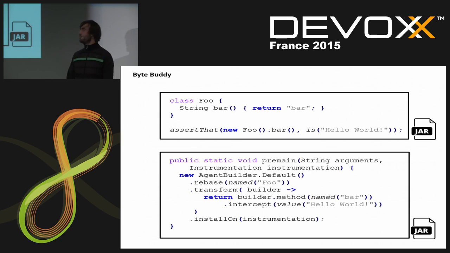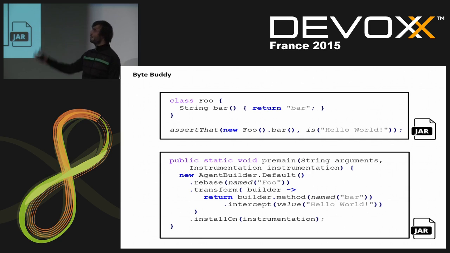Byte Buddy also takes care of the ugly parts for you by offering an agent builder. So far, everything I've seen, even with other libraries like Javassist, defining and building an agent is quite a hassle. It takes time and it is very error prone. So I try to make this easier, and I hope I achieve this. This is an example.